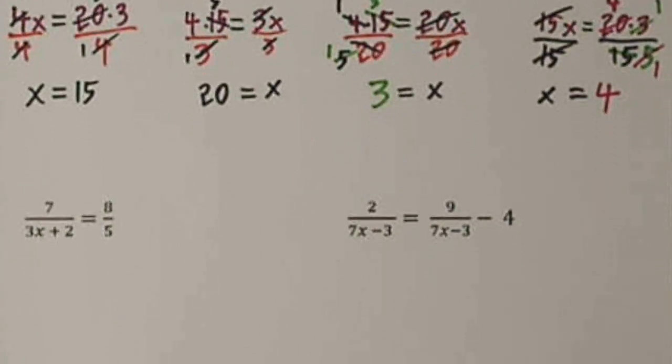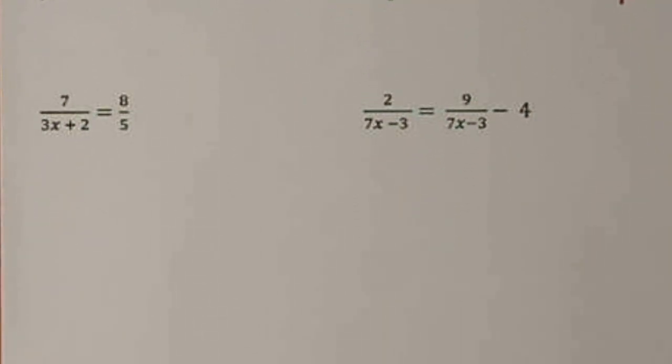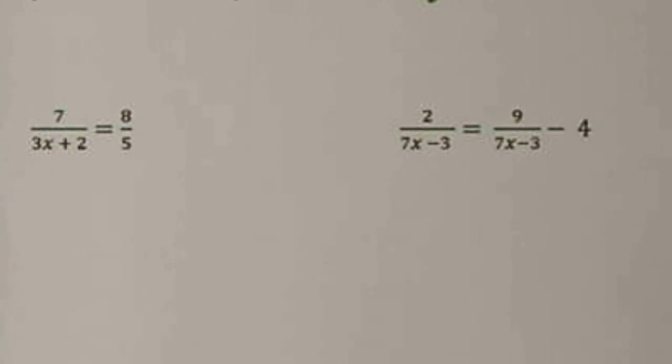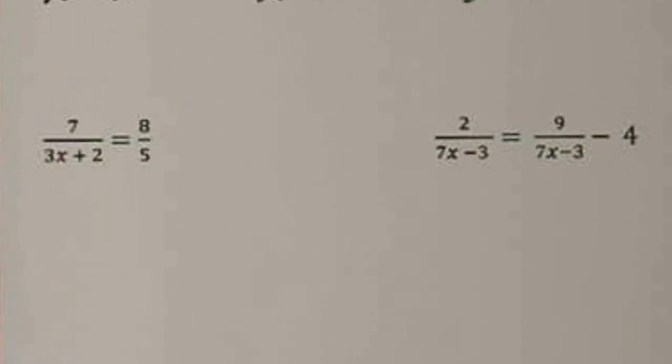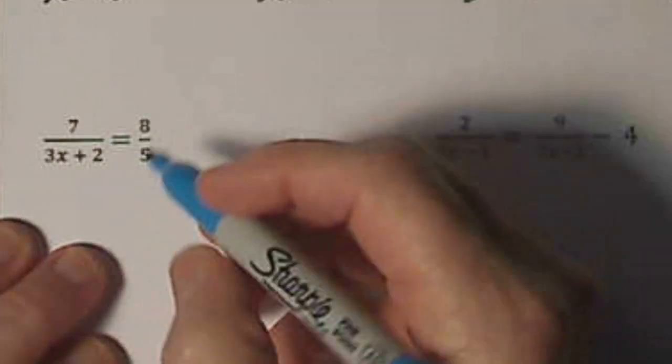Let's take a look at these others that are a little more complicated, but we will be using the same approach. See if I can zoom in a little bit here. All right, so our least common denominator, again, all I need is a common one, but in this case the least common, is going to be 5 times this quantity.